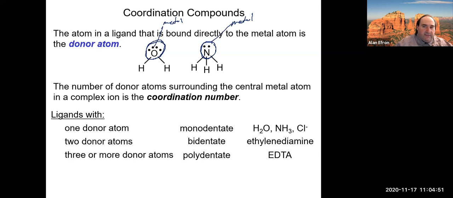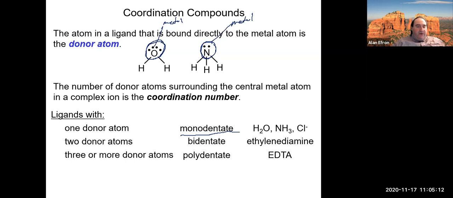In a case like this, we get only one attachment per molecule, and those are ligands which are referred to as monodentate. Monodentate means that the ligand attaches to the metal in only one place.